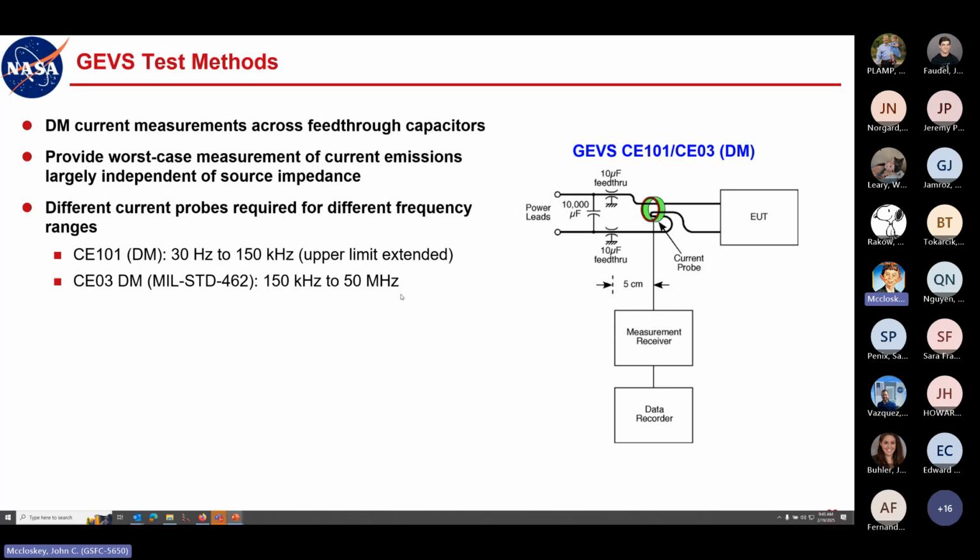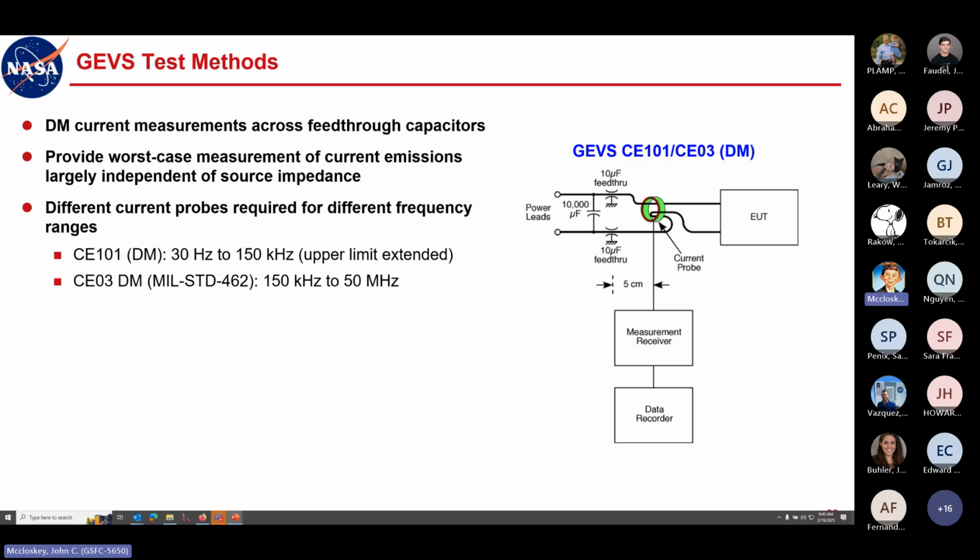Okay, so this is one place where people say, well, you say you're doing Mil Standard 461G, why are you going back to 461C and 462? Well, this is the reason. For our types of platforms, a current measurement in the higher frequency range is much more meaningful and directly useful to us.